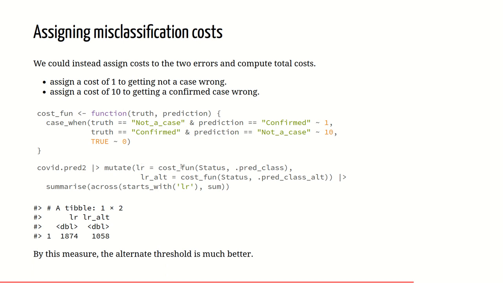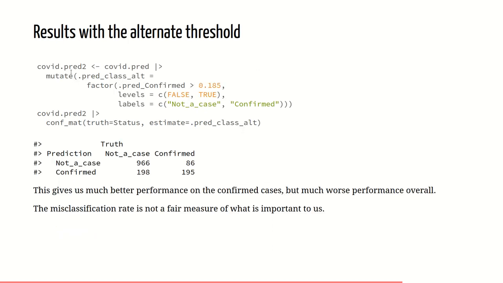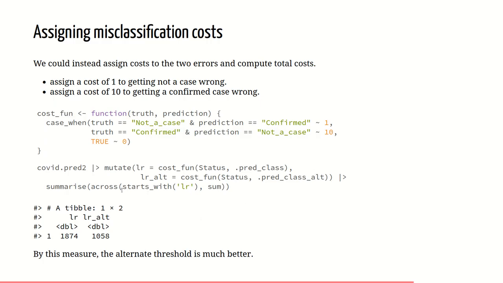And then we're going to look at the cost function with our normal predicted class, and then we're going to look at our cost function with our alternate predicted class, which is the one that we did back here, right, based on our other threshold. And you can see that when we do that, the cost with the 0.5 threshold is 1,874, and the cost with the alternate threshold is only 1,058.